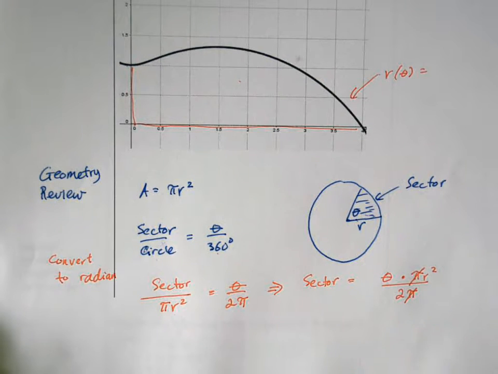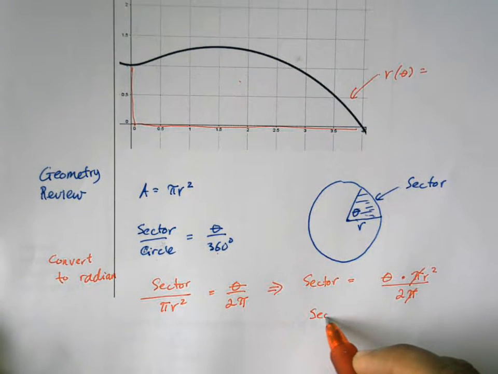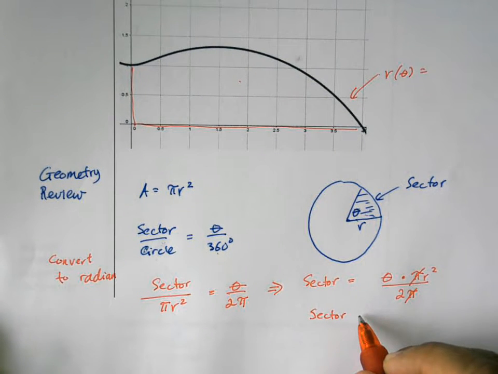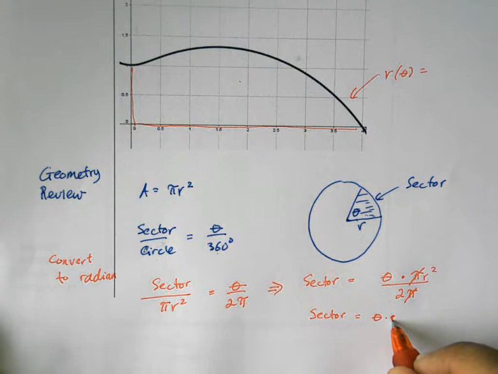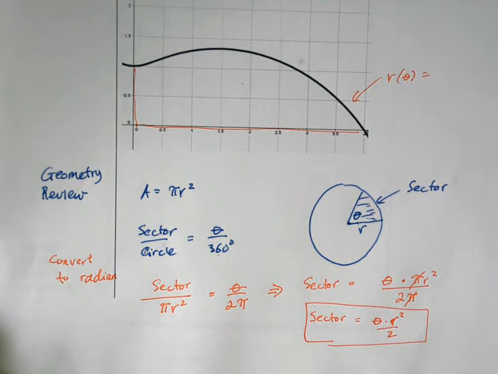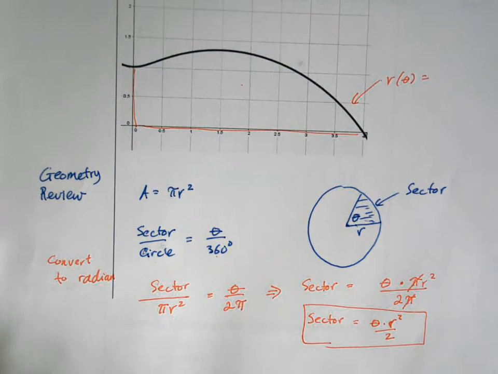So now the pi will cancel, and it leaves us with a formula that says the sector is equal to theta times r squared over 2. So this is a nice formula for the area of a sector.